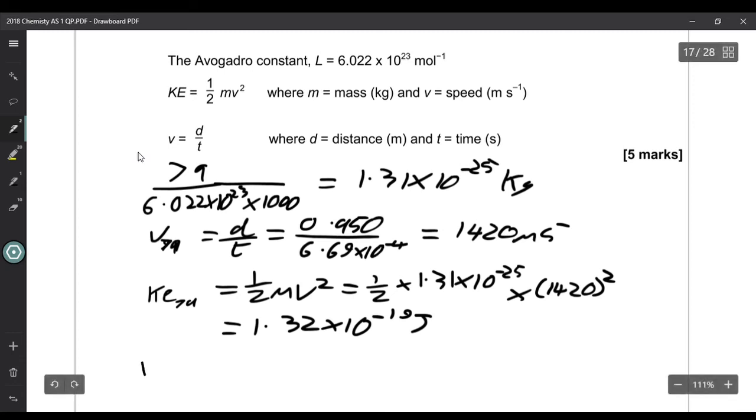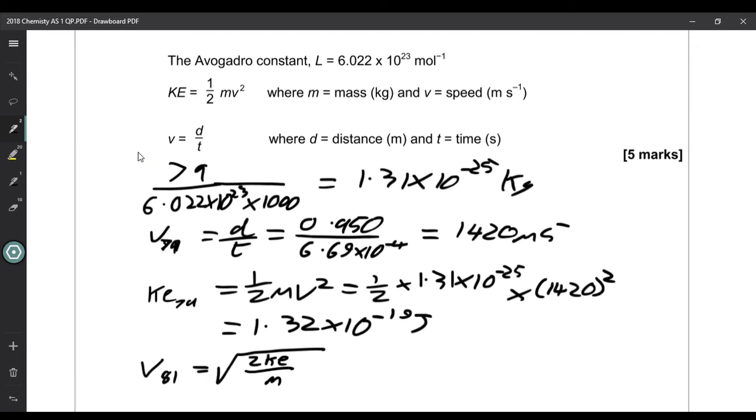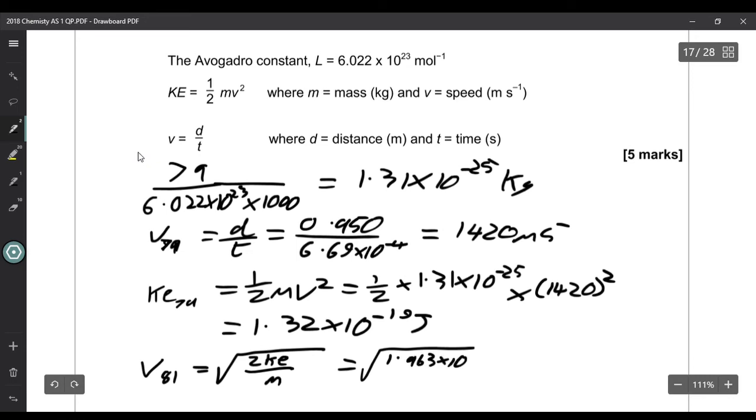So V81 is going to be the square root of 2 times the kinetic energy divided by the mass, equals root 1.963 times 10 to the 6, which equals 1.40 times 10 to the 3 meters per second.